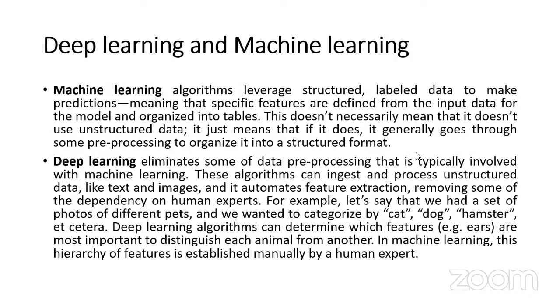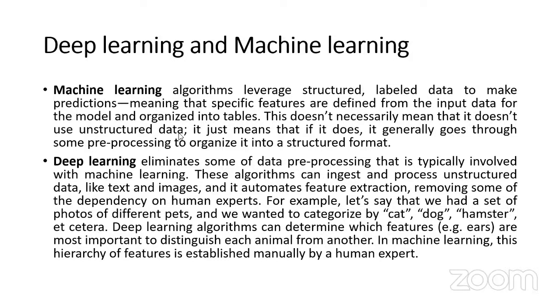Then deep learning and machine learning. If you compare the two, machine learning algorithms leverage structured and labeled data to make predictions, meaning that specific features are defined from input data for the model and organized into tables. This doesn't necessarily mean that it doesn't use unstructured data.